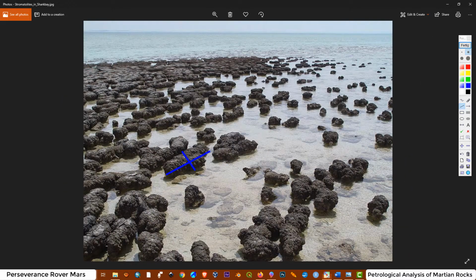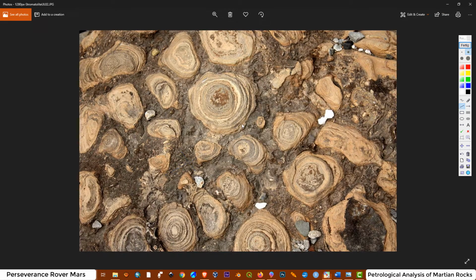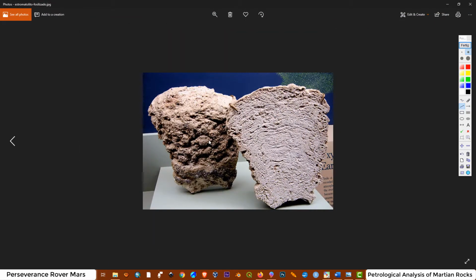Another section, but in this case I am going to take something smaller. What we are going to see is something similar to this one, where we can see concentrical circles that represent layers of biological activity of the cyanobacteria. And this one is another section of a current stromatolite.